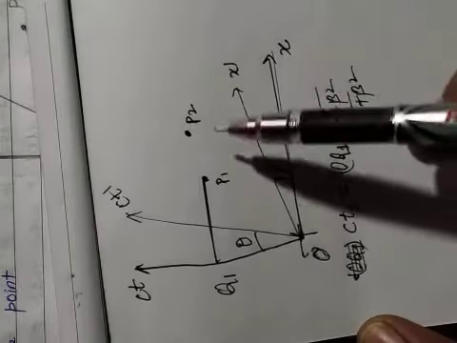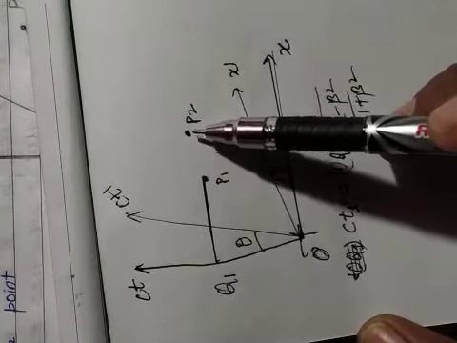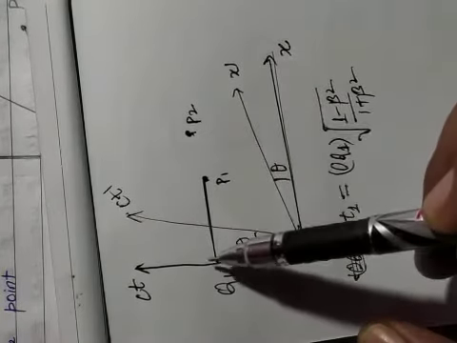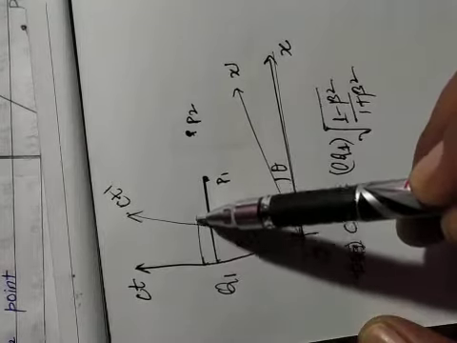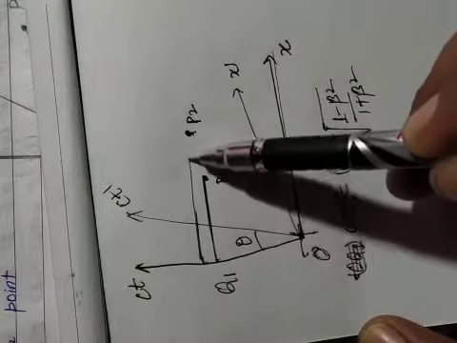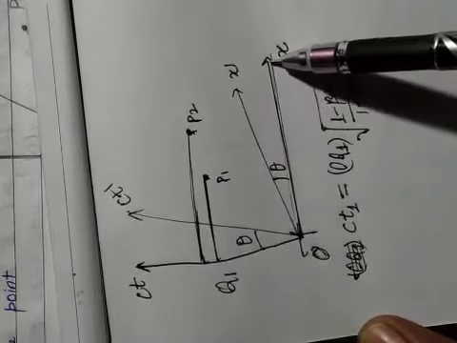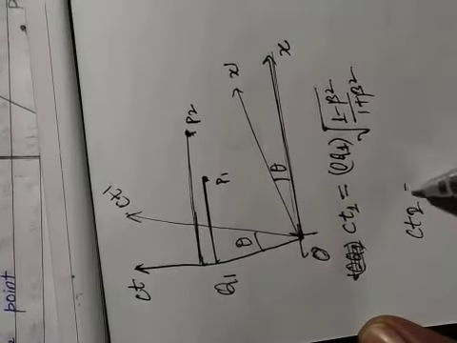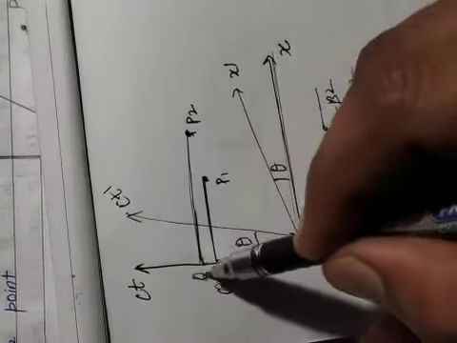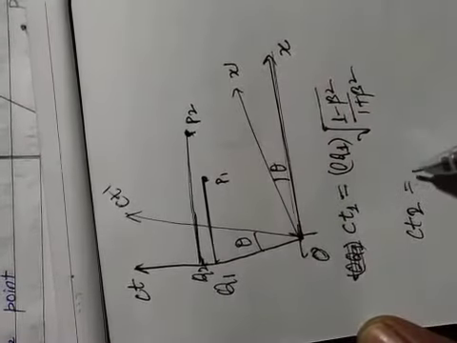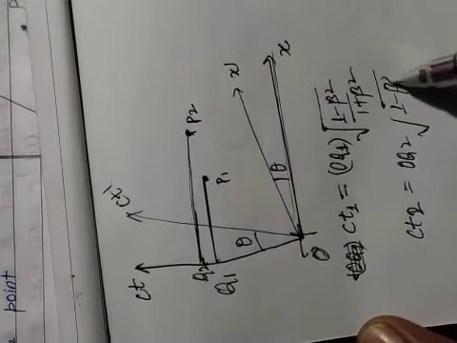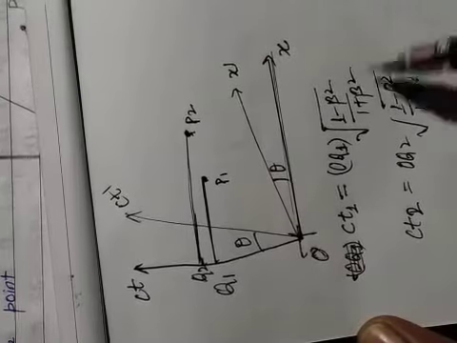Now I want to know the CT prime coordinate of this point P. So draw a line parallel to the x prime line. Say this point is Q2. So CT2 is OQ2 multiplied by the same factor, the square root of 1 minus beta square over 1 plus beta square.